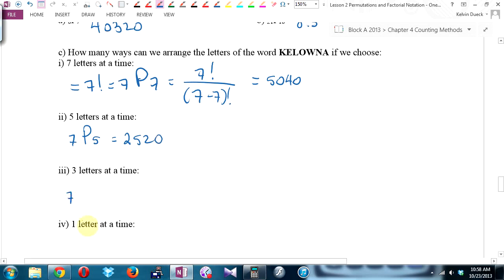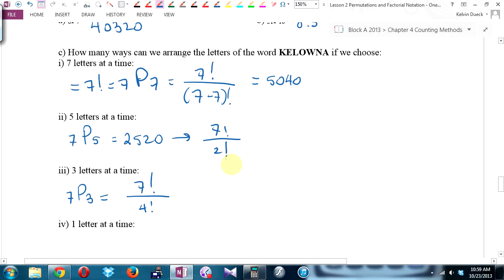Jordan, what am I going to write here for 3 letters at a time? 7P3. And again, what that really means is 7 factorial over 4 factorial. What this really means is 7 factorial over 2 factorial, because it's 7 take away 5, that's what goes on the bottom.